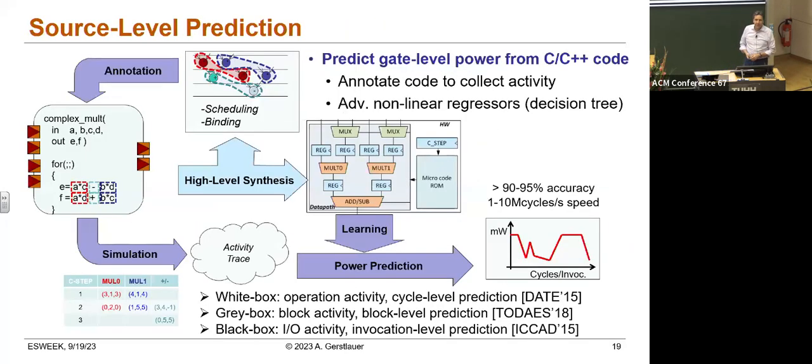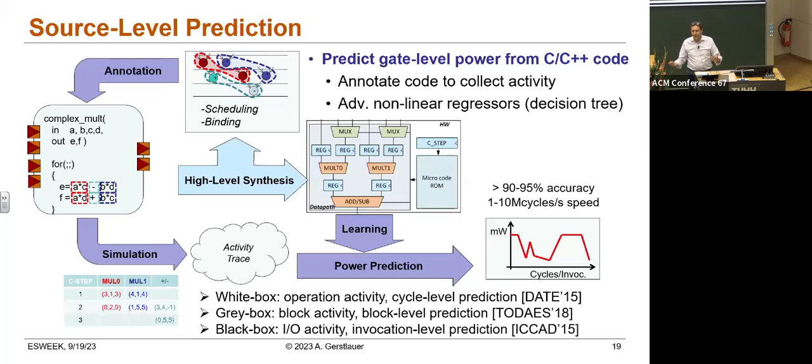You can then do similar things at the source level, where the input is not a microarchitectural simulation, but just a C execution of the functional behavior of the algorithm that you want to run. In this case, we need to annotate the C code with a little bit of information to extract activity information from it. Then we can drive a power model with this, and depending on the level of detail or insight you have, you can extend how much information you track. At the minimum, you just track the inputs and outputs of every function.